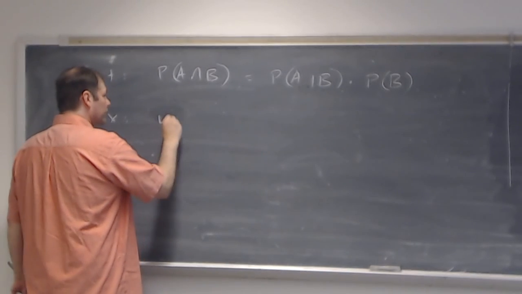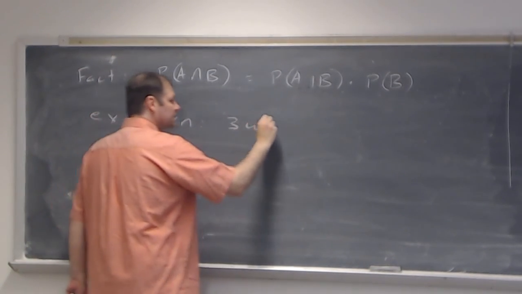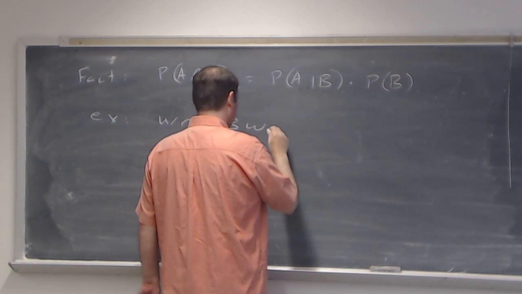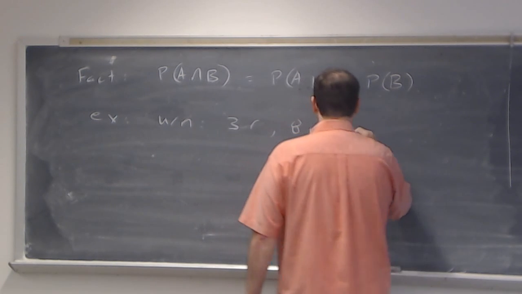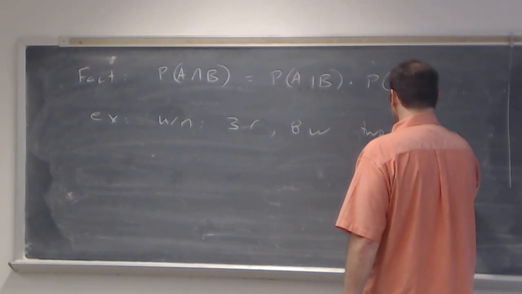So let's look back at the urn problem. We've got 3 red, 8 white. 2 balls are chosen without replacement.